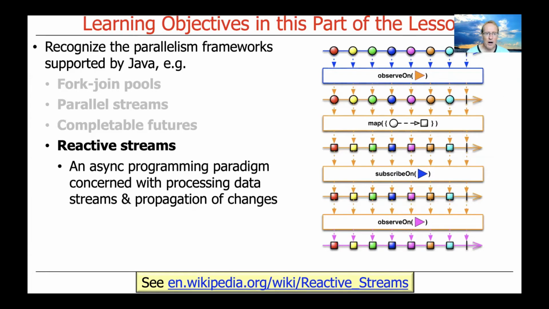And then the other paradigm we're going to talk about in this class, which is something I've added new since last time, is reactive streams. And this is an asynchronous programming paradigm that's concerned with processing streams of data and propagating changes from publishers to subscribers.